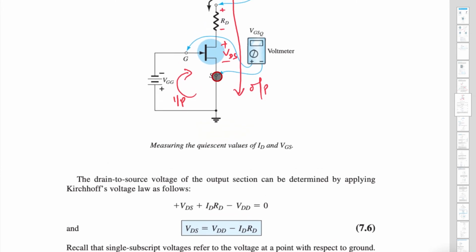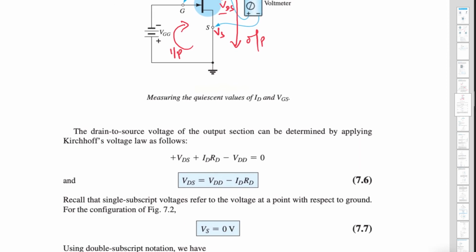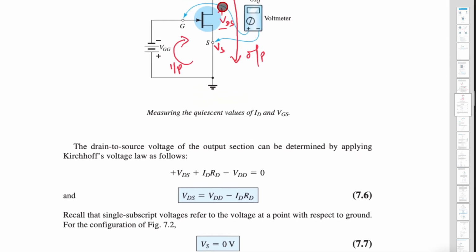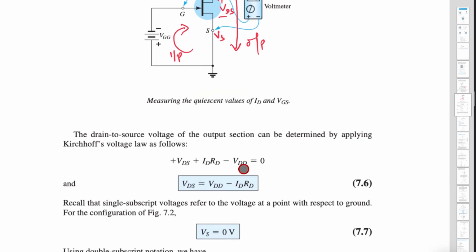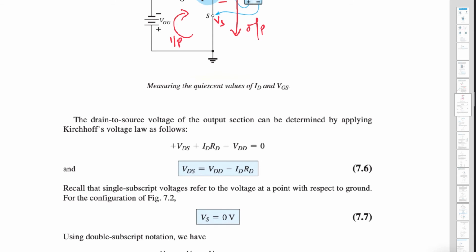Now you can see that VS, that is the source, is connected to ground. So obviously VS has to be 0 volts. We also know that VDS is nothing but VD minus VS. This is the convention always, correct?